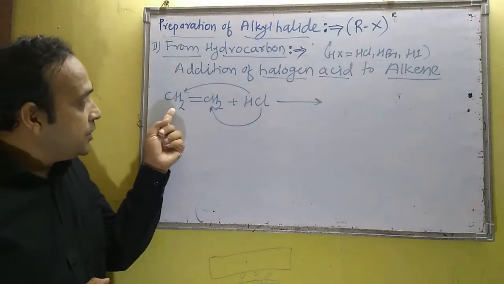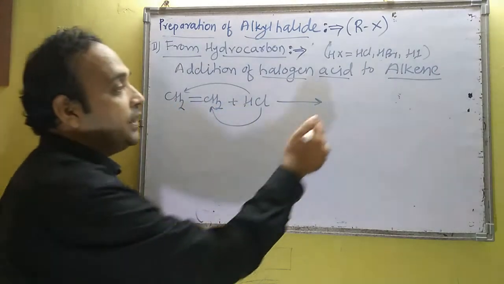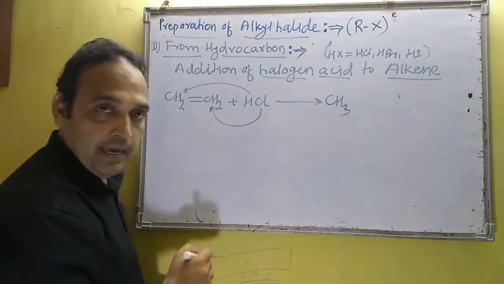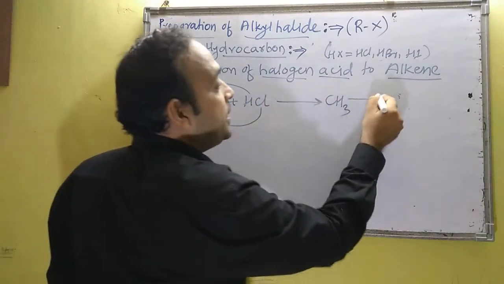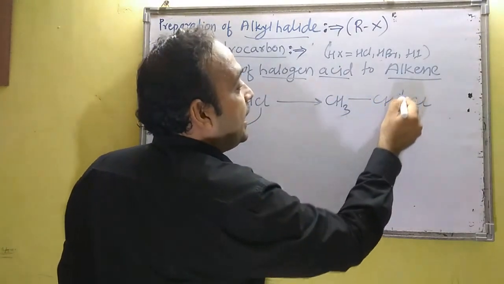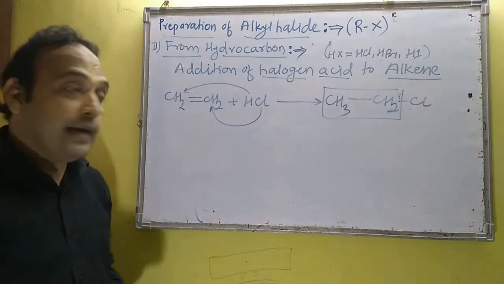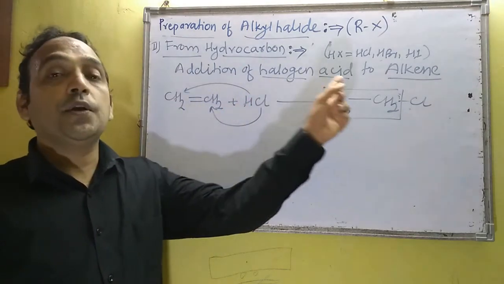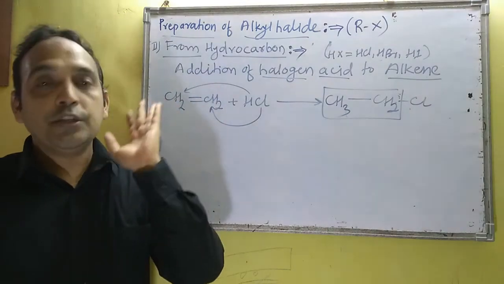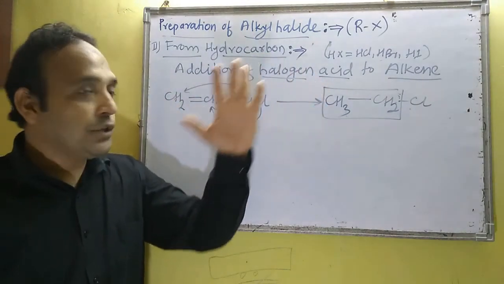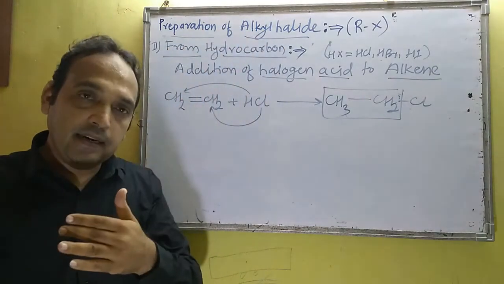This CH2 adds one hydrogen, so it converts into CH3, and the other is CH2 single bond Cl. Now this is my alkyl halide. The alkyl group is ethyl and the halide is chloride. So ethene converts into ethyl chloride, and this reaction is known as hydrohalogenation of alkene to form alkyl halide. This part we covered in 11th standard.